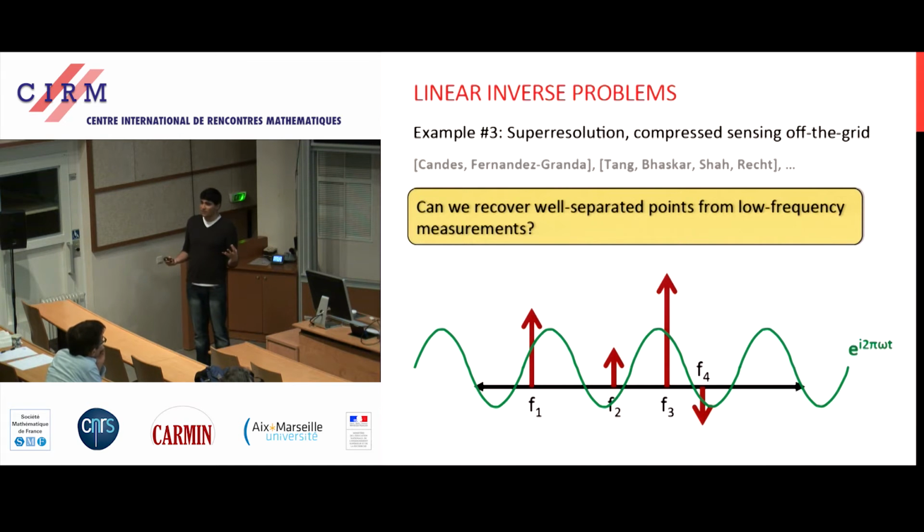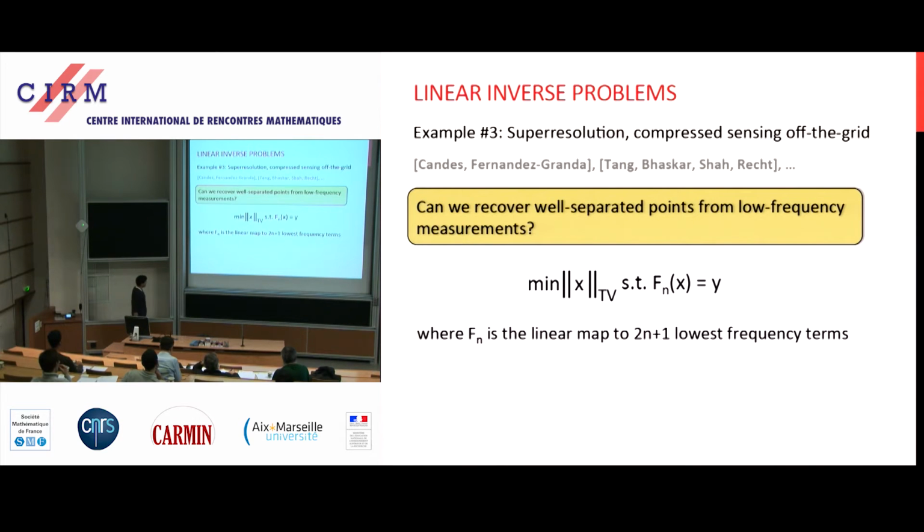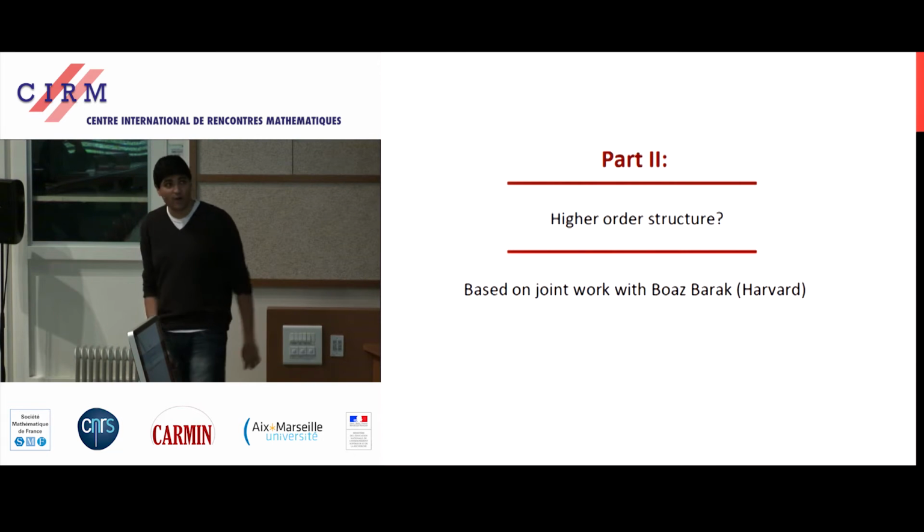The compressed sensing approximation would be that they happen at grid points and at discrete locations. But the compressed sensing off the grid and super resolution style assumptions don't make any assumption. These are actually at real locations. And the question is, with only low frequency measurements, can you actually recover them? There are similar convex programs that, again, given linear functions of some structured underlying objects, do interesting things. So I can tell you more about that offline.